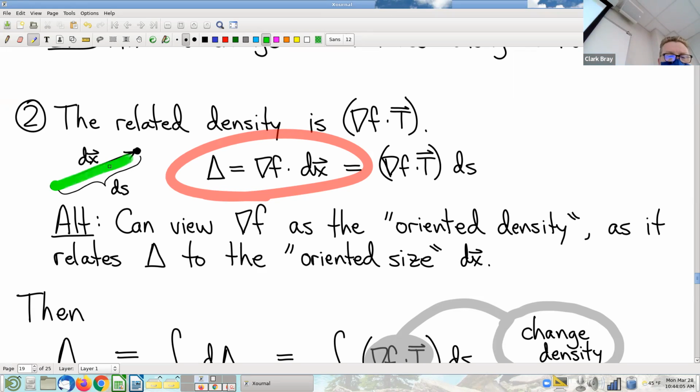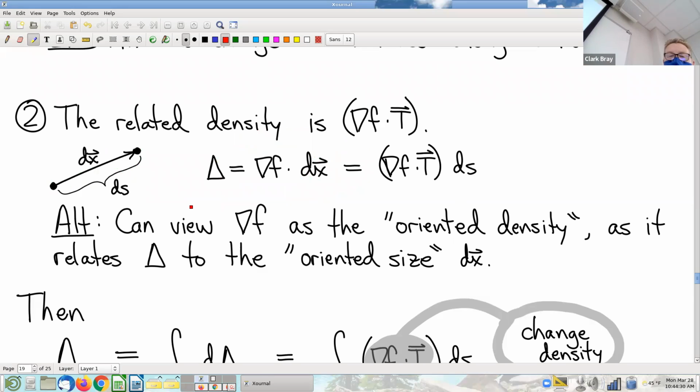So if you move by some displacement dx, that's your input change, and you want to compute the corresponding output change, well, the relationship between input change and output change is the derivative, whatever form is appropriate to your context. Here, it's the dot product with the gradient. Okay. So you can rewrite that, of course, dx is T ds.